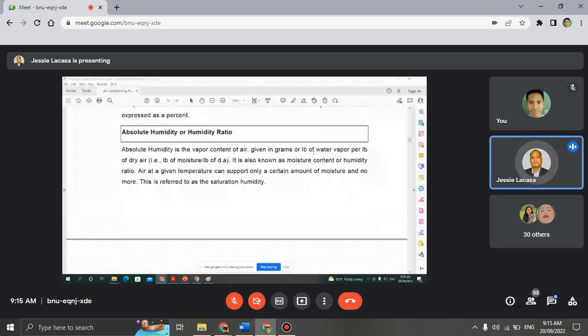I think you have encountered this already. The psychometric chart, the psychometric properties. Mr. Asas, how can you differentiate the RH from the humidity ratio?